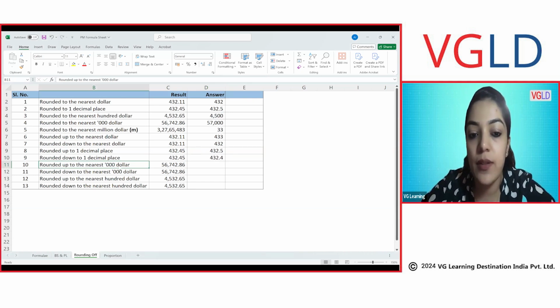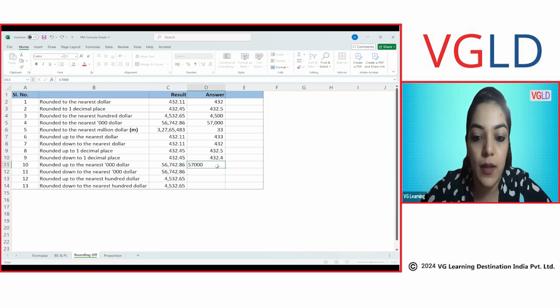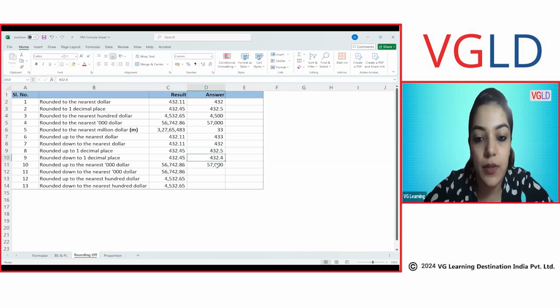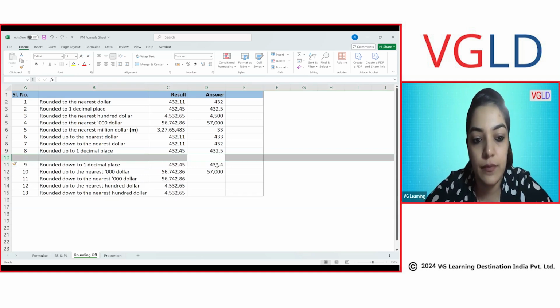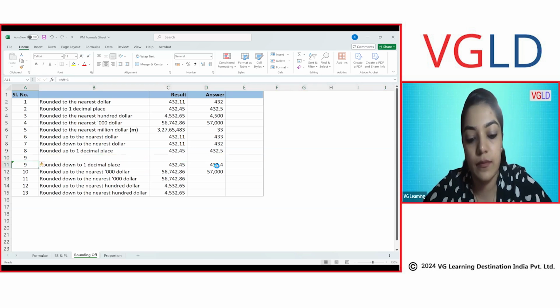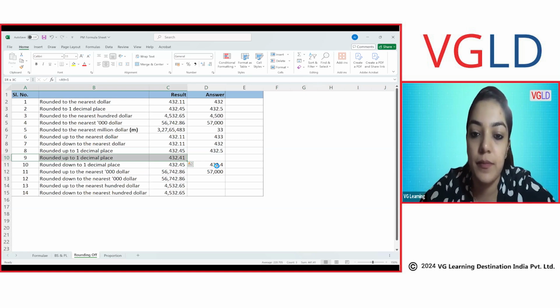Then rounded up to the nearest $1,000. Absolutely right. 57,000. I'll insert one more question over here. Rounded up to one decimal place.